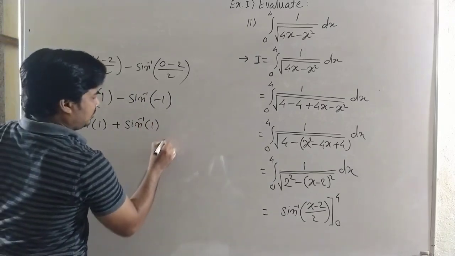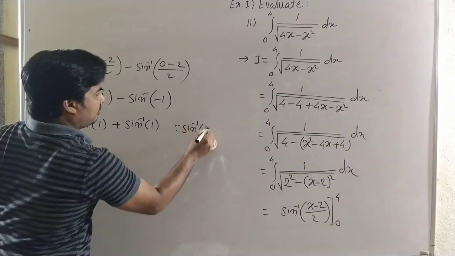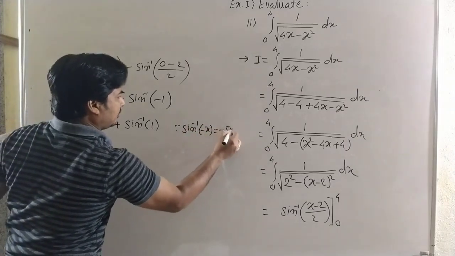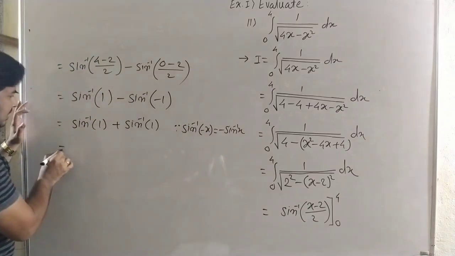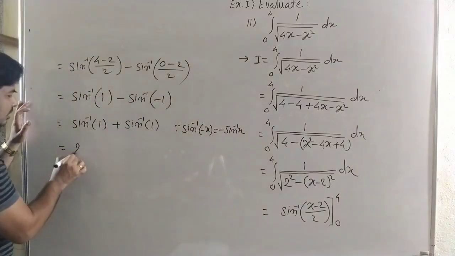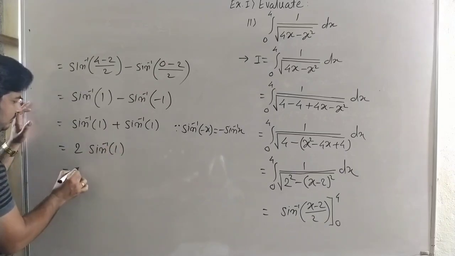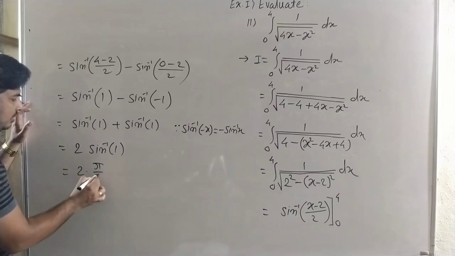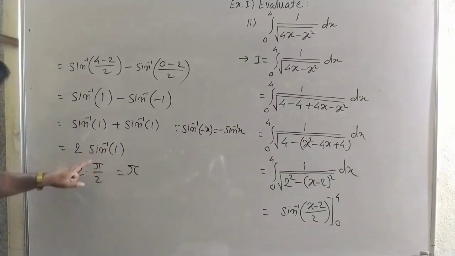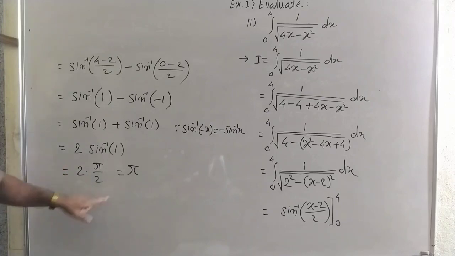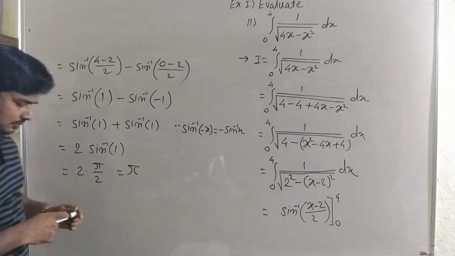Here we use sine inverse of minus x is equal to minus sine inverse x. It is a property of inverse trigonometric function. And then sine inverse of 1 plus sine inverse of 1, 2 into sine inverse of 1, and then it is 2 into pi by 2. Sine inverse of 1 is pi by 2, so 2 into pi by 2, last answer it is pi. See carefully, check the calculation.